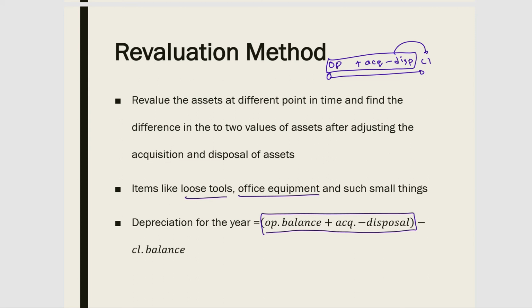This is the value of the asset which we should have in our hand or in our books. But due to depreciation, the closing balance will be lower, and this difference between what should have been the value and the closing balance that we actually have right now is the depreciation.